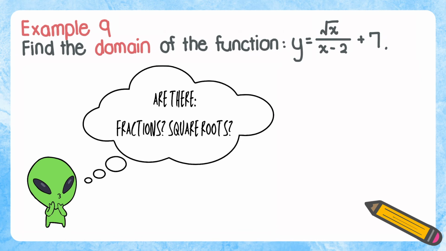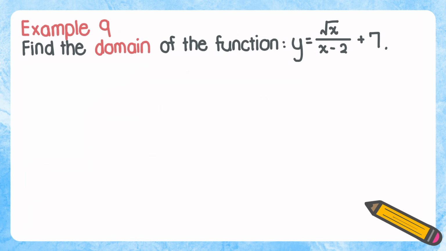I have to make sure the denominator does not equal 0, and I have to make sure that the radicand is greater than or equal to 0. And that plus 7 right here is just kind of lingering, so we can just ignore it when we're thinking about the domain. So our denominator here is x minus 2, and our radicand of our square root is x.